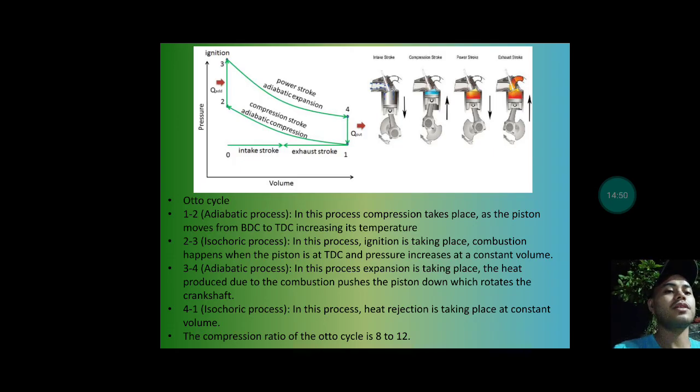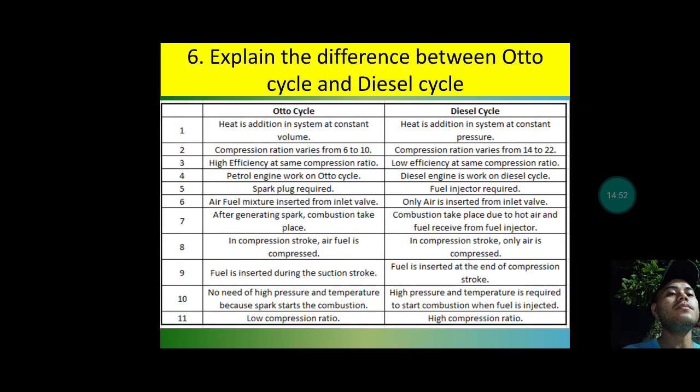Okay, so that is the difference between the Otto cycle and the diesel cycle. In the Otto cycle, heat is added to the system at constant volume, while in diesel, heat is added at constant pressure.